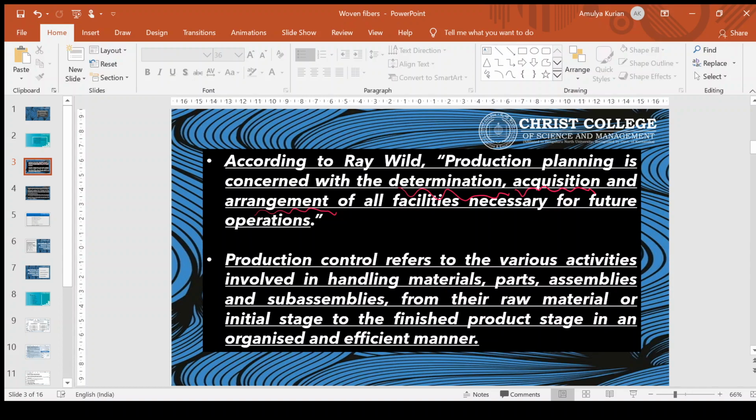Next, the functions of production planning. The first is effective utilization of resources, in the sense of raw material, plant capacity, equipment, and human resource, whether they are being utilized in an effective and efficient manner.